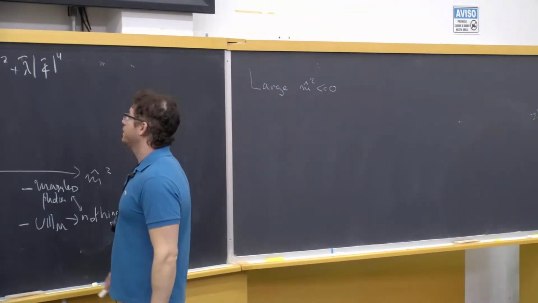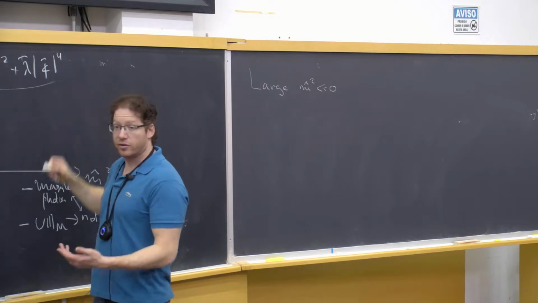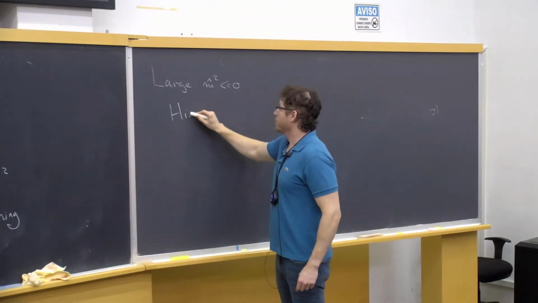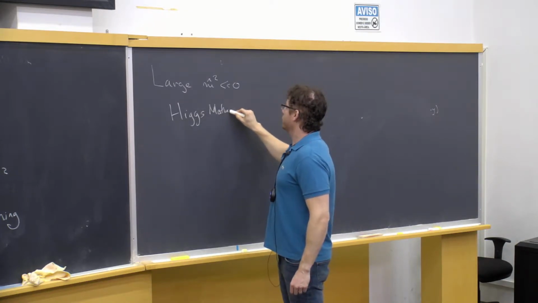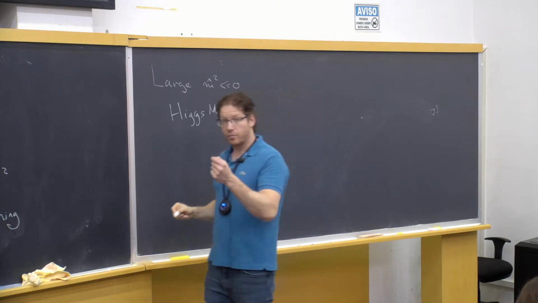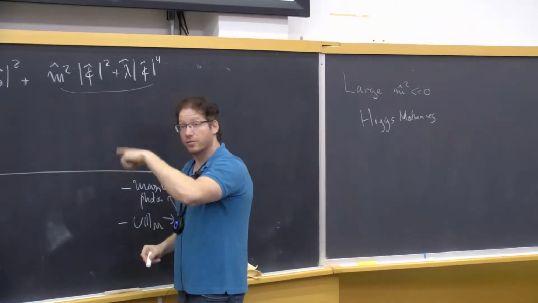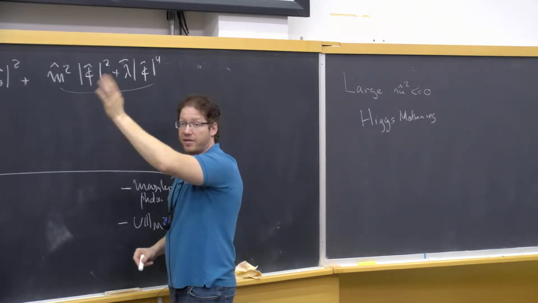So in this limit, you all know from class that there is what's called the Higgs mechanism. This is the limit where there is a Higgs mechanism, and as you know, the photon, the one polarization of the photon, just eats the phase mode of phi hat. And the radial mode of phi hat is massive anyway.